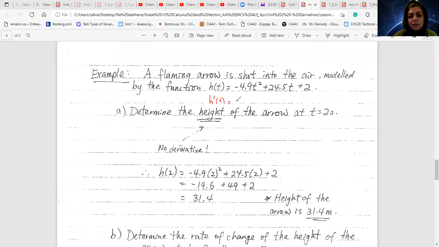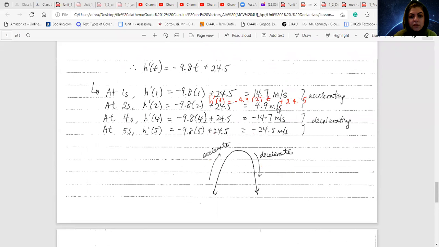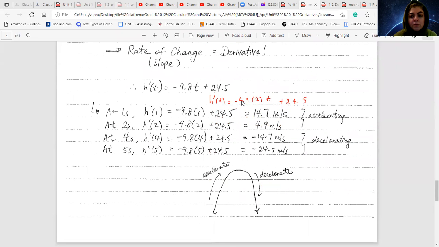Here is -4.9, power in front, power minus 1, so it's t, plus, this is a line, just simply the slope of that is 24.5, and the derivative of the constant is 0. So that is my derivative, right? 2 multiplied by 4.9 is going to be -9.8 t plus 24.5. So that was the derivative.